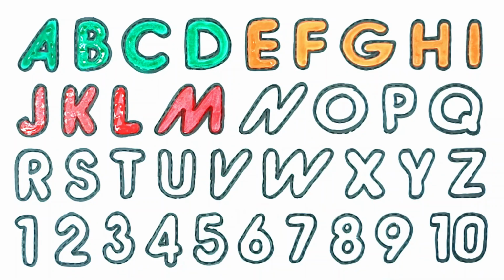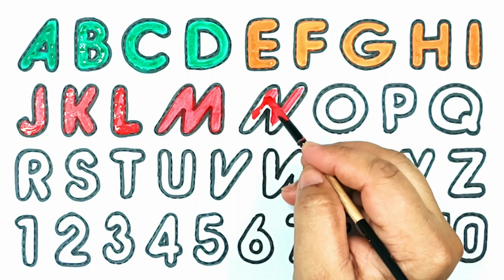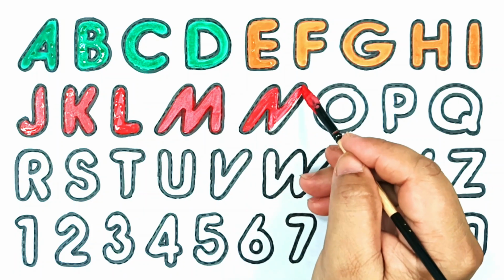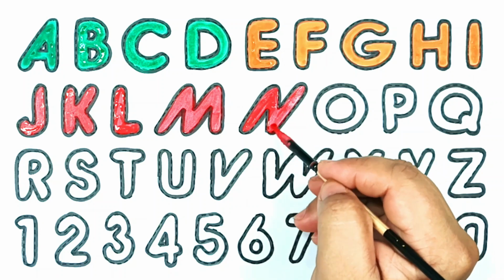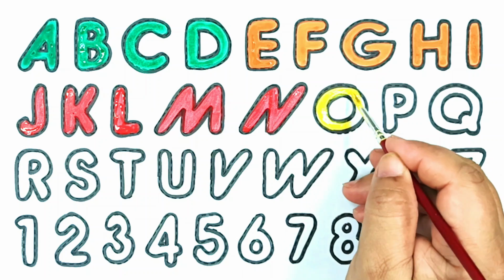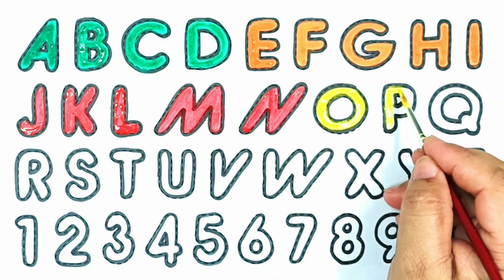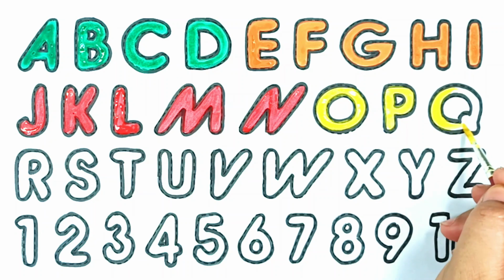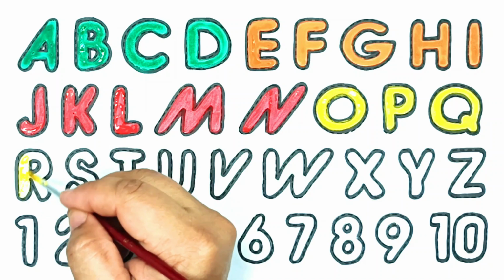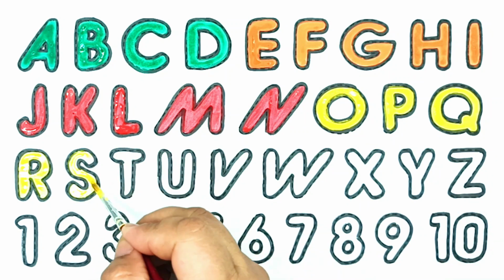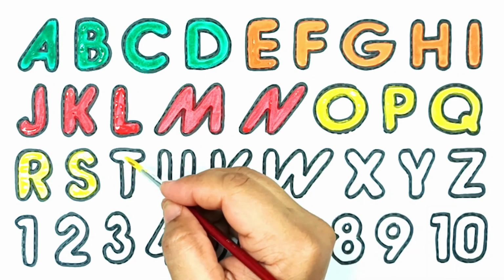M for man. N for net. O for onion. P for pen. Q for queen. R for ring. S for star.